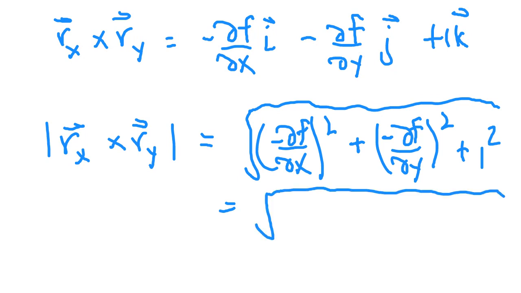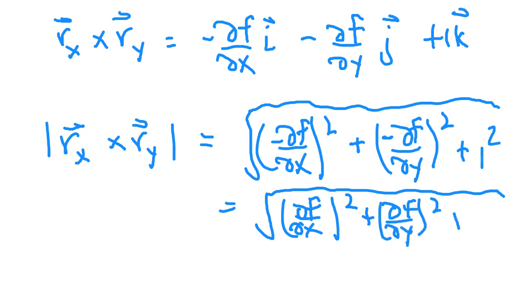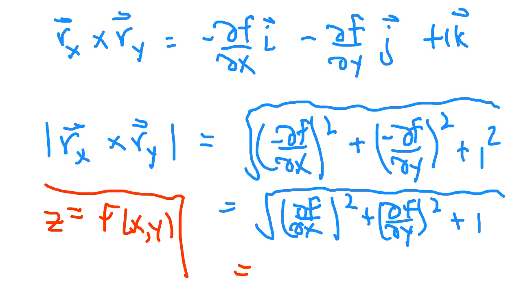And so that's just going to give us this. But because z is equal to a function of x and y, we can replace f with z in this square root.